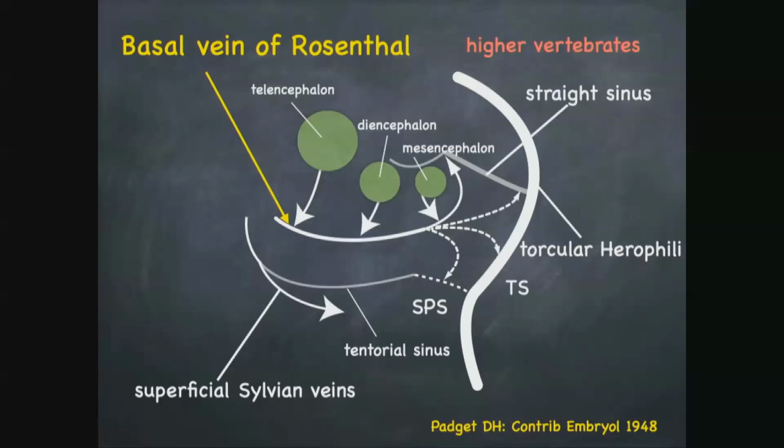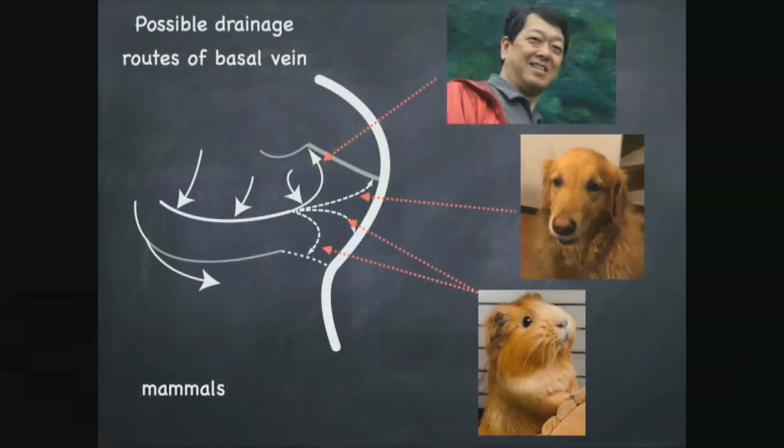We may call it the first, second, and third segment. Interestingly, the third segment may drain to the vein of Galen, torcular, transverse sinus, or superior petrosal sinus. It depends on the phylogenic ascent. So the most advanced form is drainage to the vein of Galen.